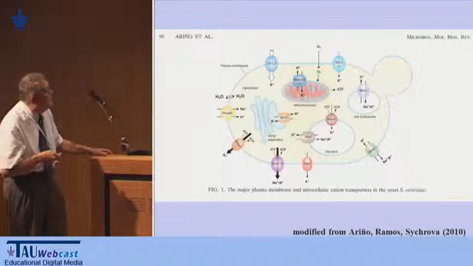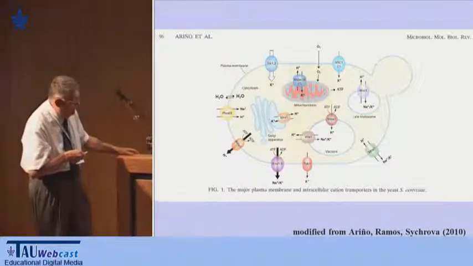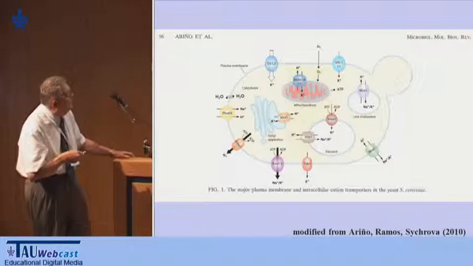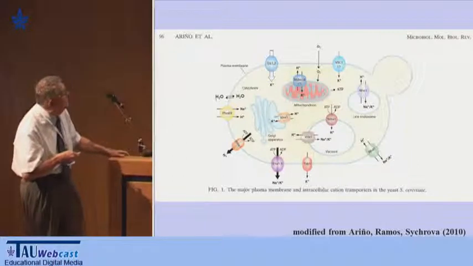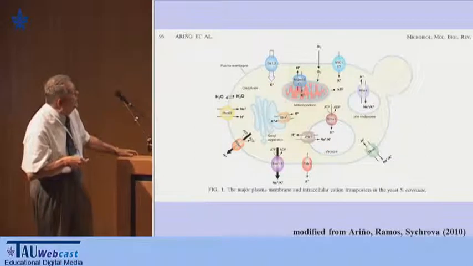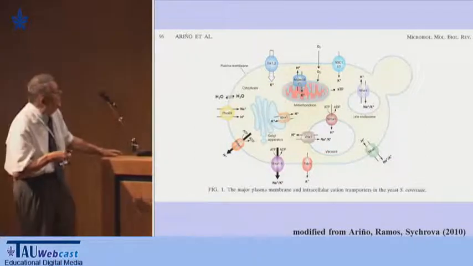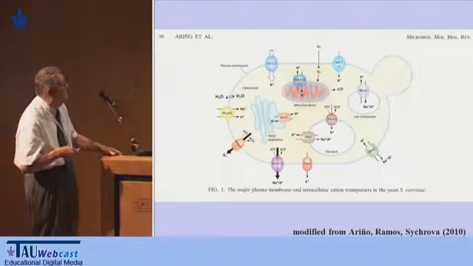In the case of the yeast cell, the major driving ATPase is a proton ATPase, not the one that's in the mitochondrion, but in the yeast cell membrane. It's driving protons out, but there's a sodium proton exchanger somewhere around here and a potassium transporter somewhere around here that acts as an effective sodium-potassium pump.